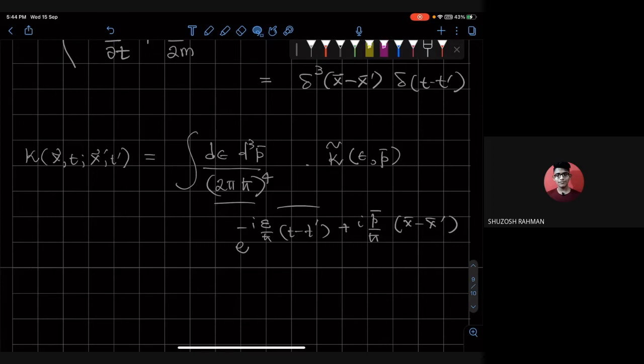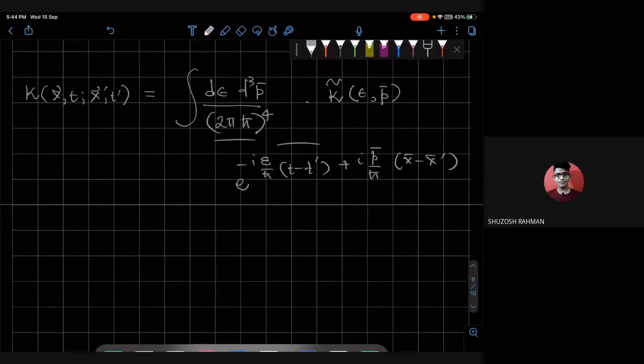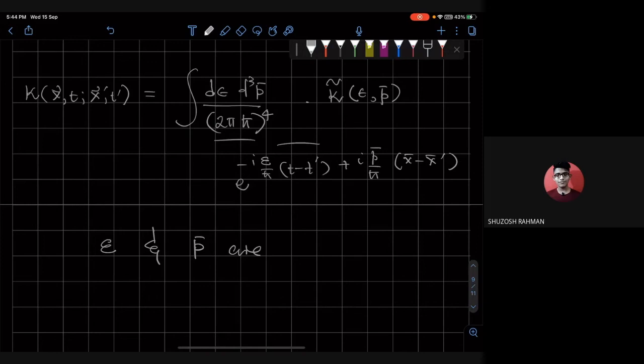So you see that here epsilon and p are unrelated variables. They have nothing to do with energy or anything initially. So epsilon and p are unrelated at this point.